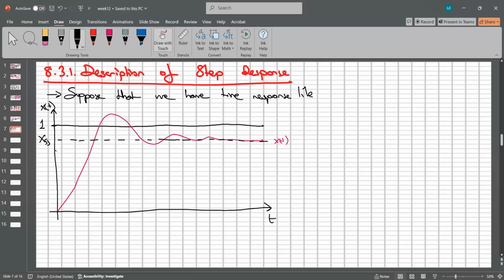And so we have 0.9 times XSS values in here at this point, and also 0.1 XSS at this time. Okay, and so in this graph we will call this time period the what? The T rise time. Okay, this is the T rise time.